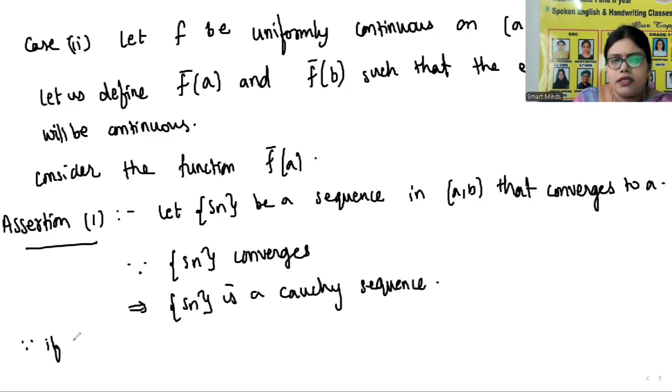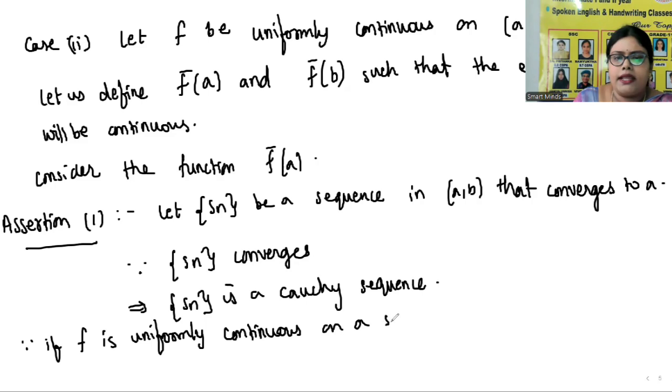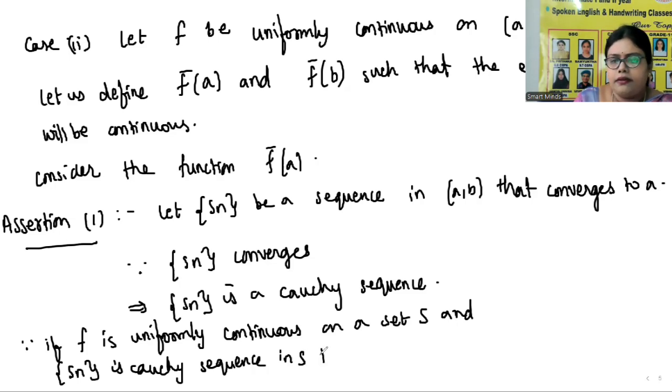Now since f is uniformly continuous on a set S and Sn is a Cauchy sequence in S, then f of Sn is a Cauchy sequence.